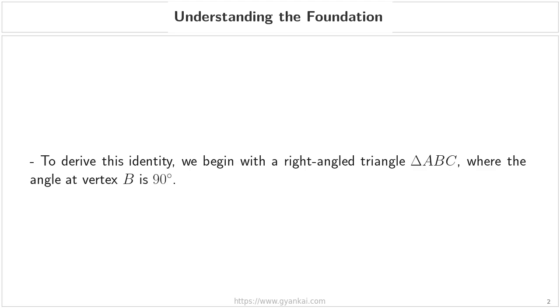Understanding the foundation. Now that we've recalled our fundamental identity from the previous slide, let's look at the foundation we need to build our new identity. To derive this, we're going to start with a simple right-angled triangle, which we'll call triangle ABC, where the angle at vertex B is exactly 90 degrees.